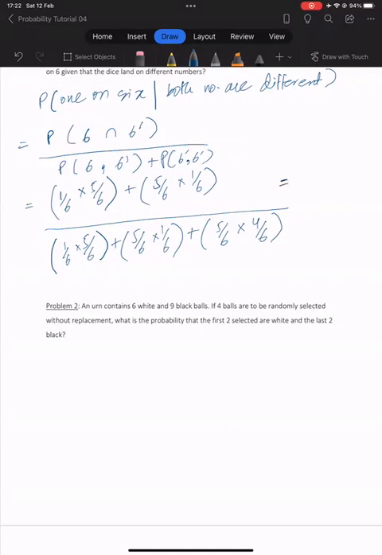So इसका total we should get 5/36 plus 5/36 over the same thing which is 10/36 plus 20/36 which comes out to be 10/36 divided by 30/36 and इसका फिर हमारा आंसर आ जाएगा 10/30 which is 1/3.